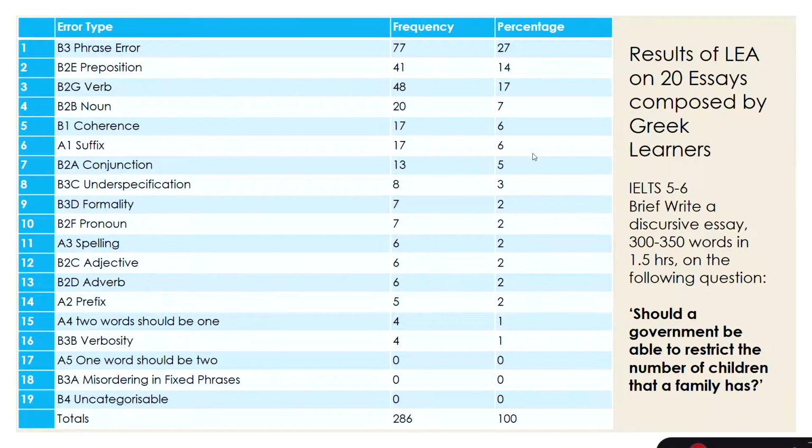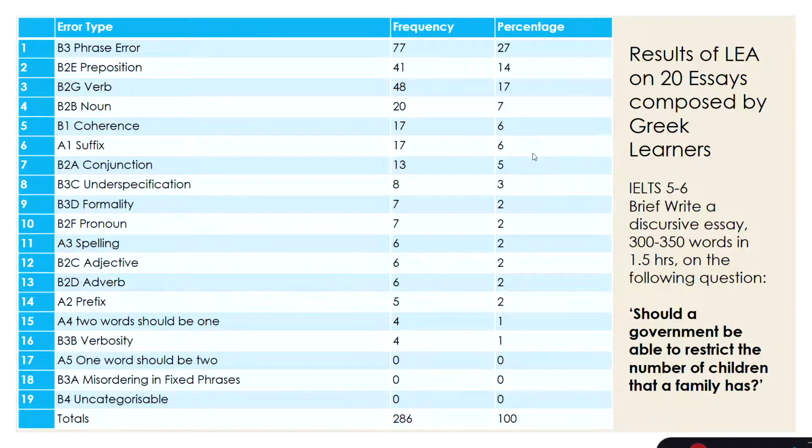Unsurprisingly, errors with prepositions were quite common, 14%. The next most common error category was errors with verbs and then nouns. And of these top 4 categories, misselection was the greatest issue. In fact, there were 17 errors where the meaning could not be understood. That's the coherence category. And these would be the most serious errors.